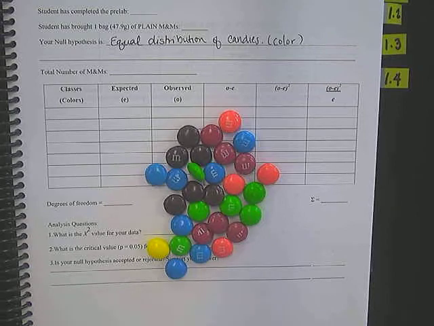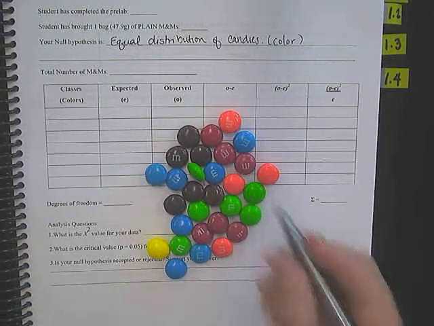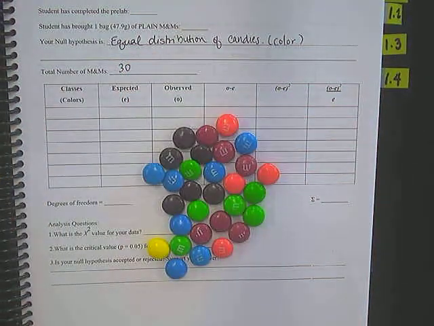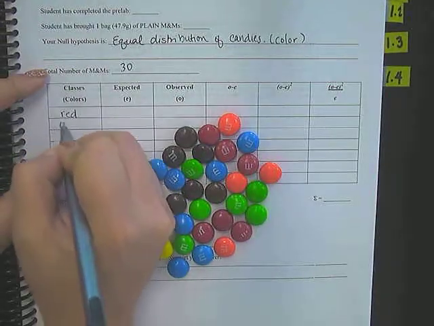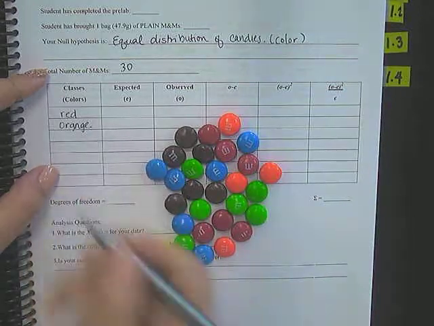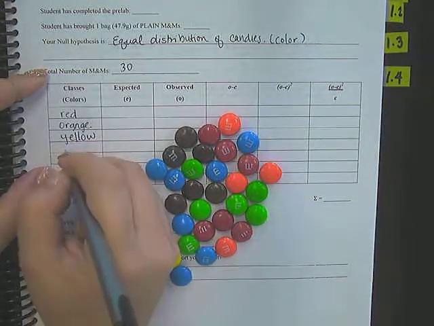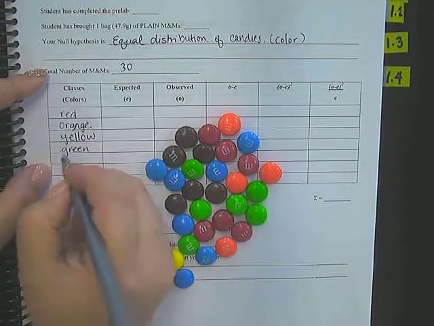Now, when you look at the cup of the candies itself, the number of M&Ms or Skittles should have been 30. So because there were 30 M&Ms or Skittles, when we look at the distribution of colors, we were expecting even numbers of each of them.